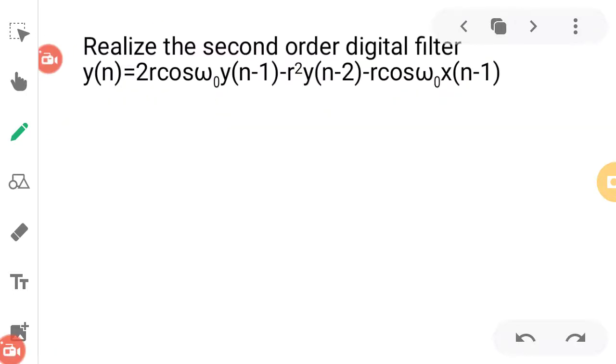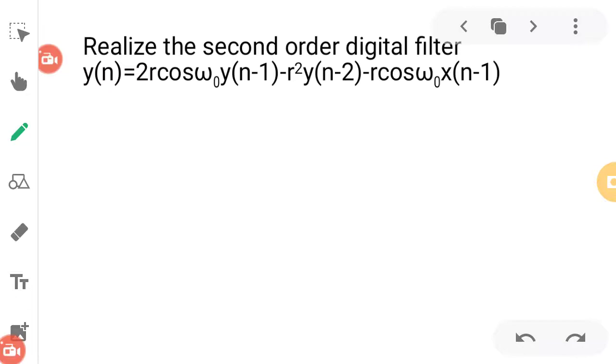Realize the second order digital filter y of n equal to 2r cos omega 0 into y of n minus 1 minus r square into y of n minus 2 minus r cos omega 0 into x of n minus 1. Okay, first from this equation we have to see what is x of n.